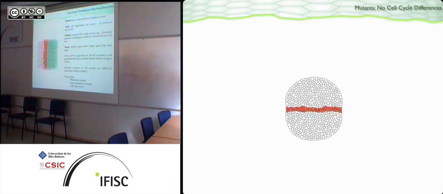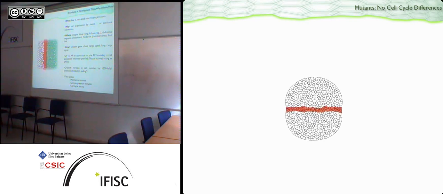Forget about this region, because this is an experiment where you do a particular manipulation such that you can activate that receptor in an artificial way if you want. But what is important is that this region is the one called the organizer, that is separating the populations that are here and there.